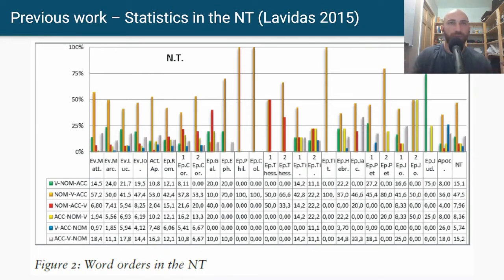I mean, there could be a number of things going on here. This could be a reflection of more waw-consecutive clauses in the Septuagint being translated as VSO. There's lots of potential reasons for that, but again, you can look at his work for some discussion on that. So that is his data.